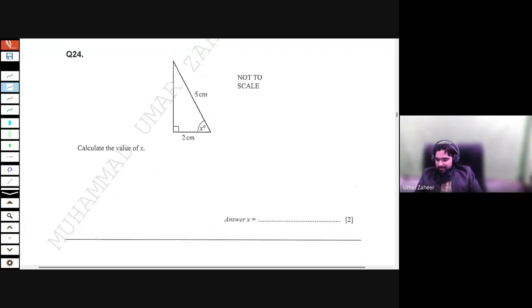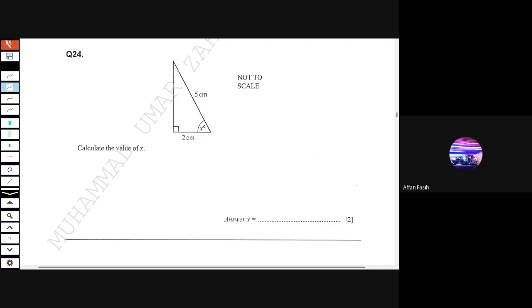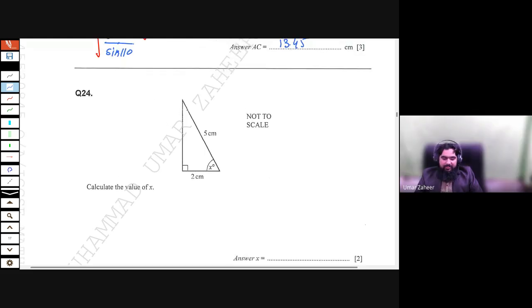Yes, Safan, tell me about this one. We have to calculate the value of x. Do we have to use trigonometric ratio or Pythagoras? Sir, trigonometric ratios, because we have two sides and we have to find the angle. With the help of Pythagoras, it is not possible to find the angle.